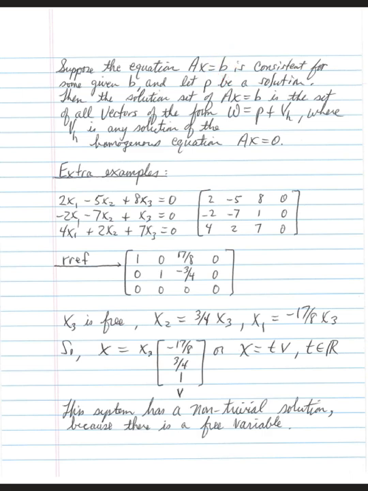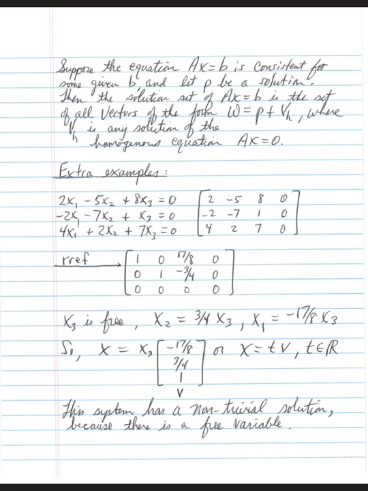Okay, so let's look at some extra examples. Note, this one's a homogeneous system. 3 rows, 3 entries to x. So we take each coefficient, write it as a column. The x2, that's the second column of coefficients. x3, that's 8, 1, 7. And then our last column is all zeros.